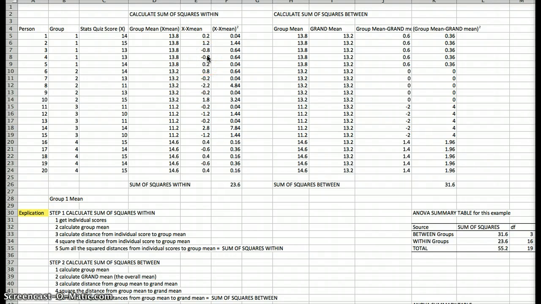Okay, so that's why we're squaring these scores. So 0.2 times 0.2 is 0.04. So we have all these values squared.